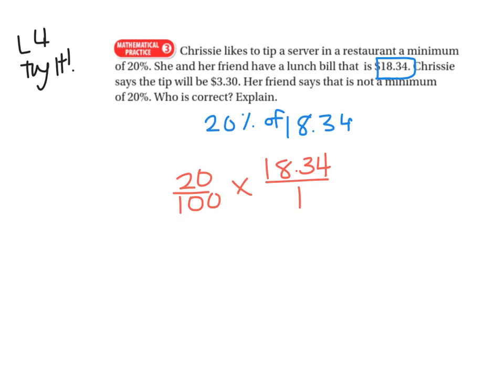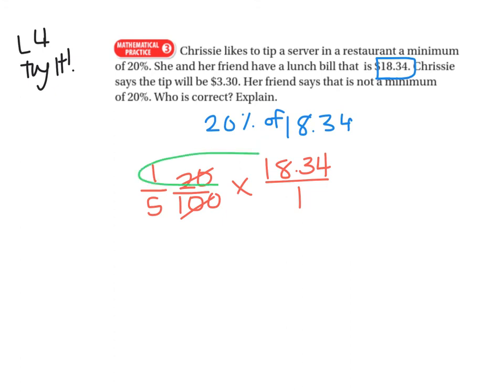Okay, so I can't really cross cancel very easily, but we could even do 1/5, right? Because 20 goes into 100 5 times. Alright, I was just simplifying 20 100ths to 1/5.